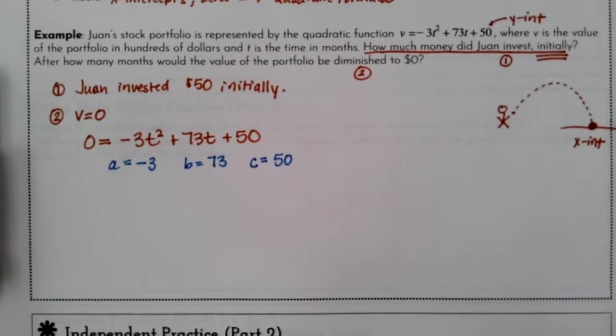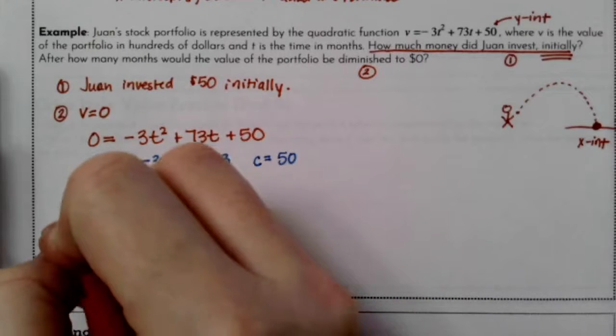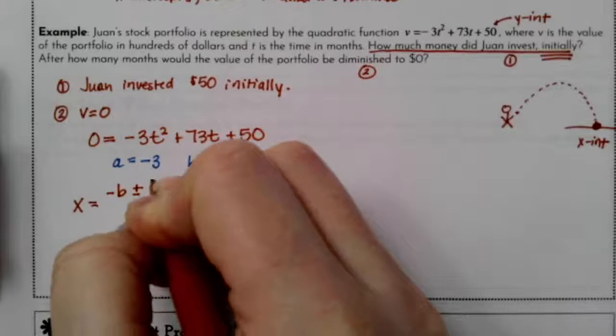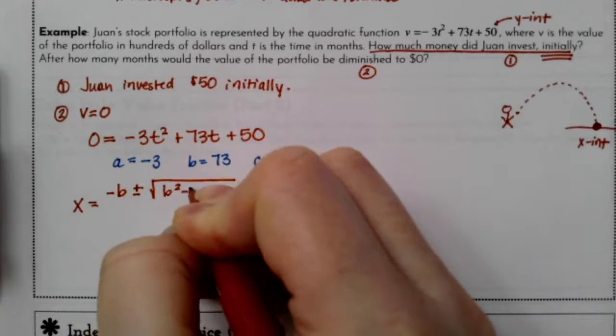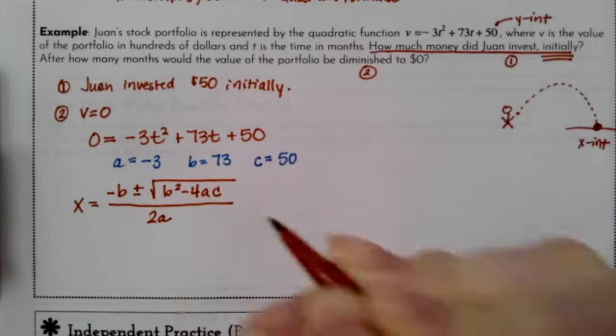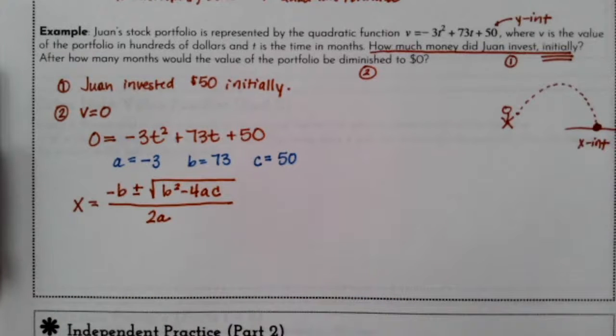And then I'm going to plug those into the quadratic formula. I know this one by heart. You will get this on your tests, so don't worry about memorizing it, but you do need to know how to plug everything into it.